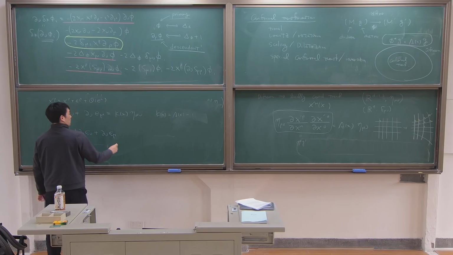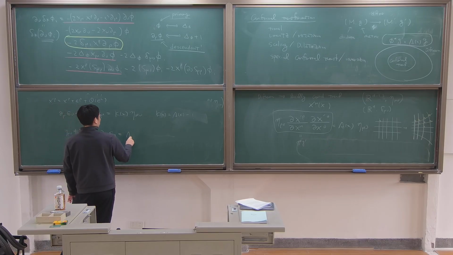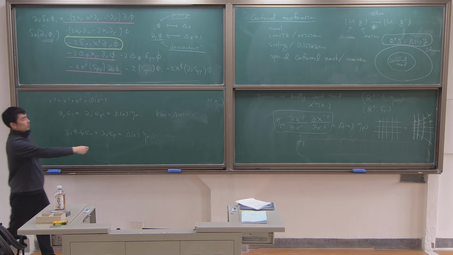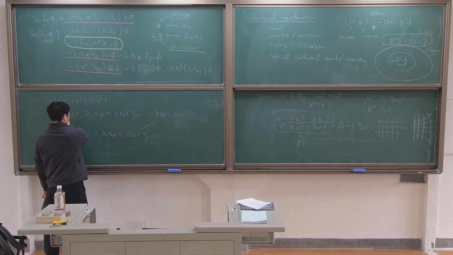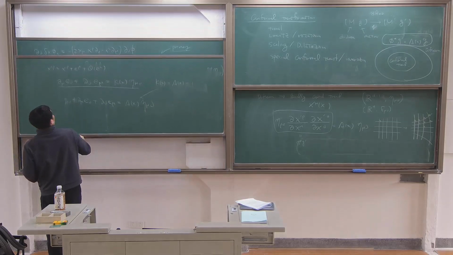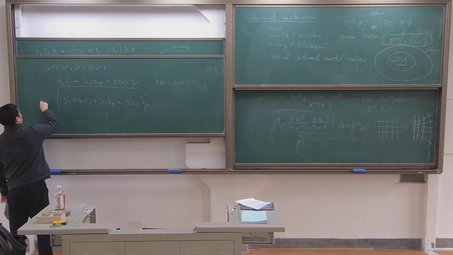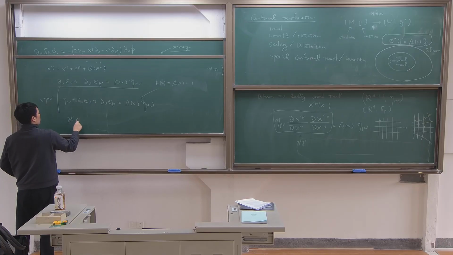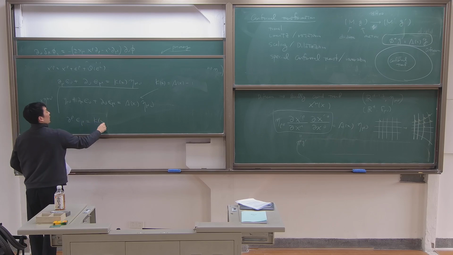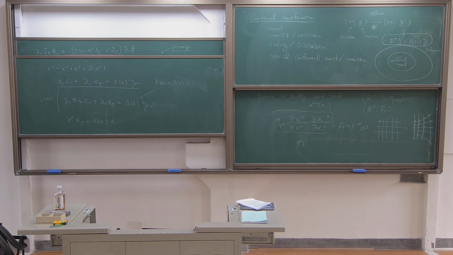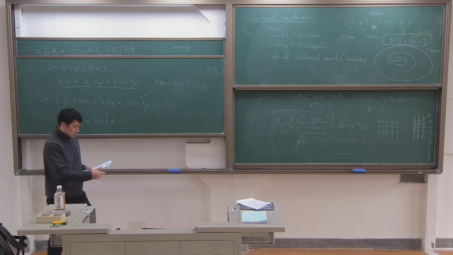Then contracting with eta mu nu, you get partial rho epsilon rho equal to k of x times d.